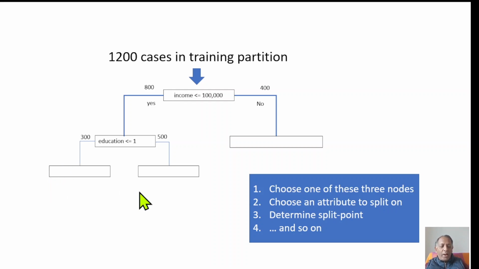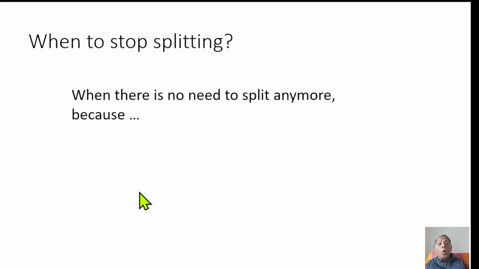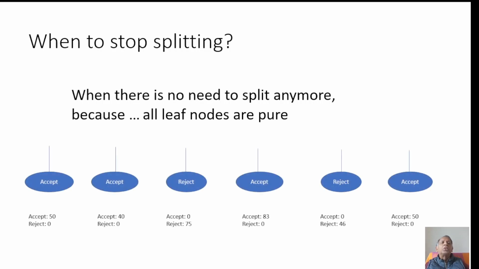So when all the nodes become completely pure, when all the buckets that you have on your hand with potential to split are pure in terms of all the cases being either accept or reject, then you can stop splitting further. But of course, this is not going to happen.